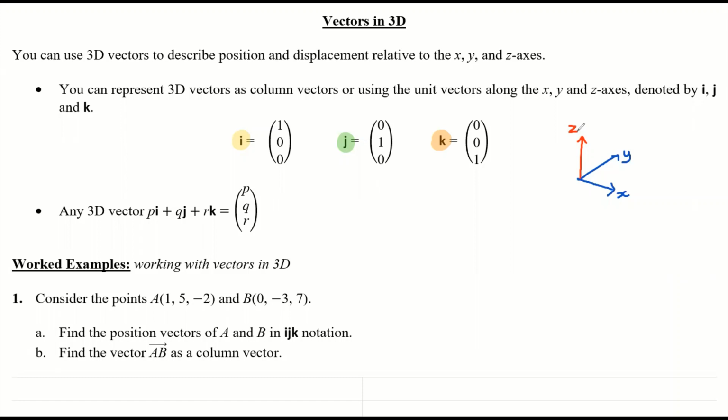So any vector in 3 dimensions can be written in one of 2 ways. So far, we've got the IJK notation, which you can see here, and you've also got the column vector notation. Both mean exactly the same thing. There's no difference. It's just simply a different representation.